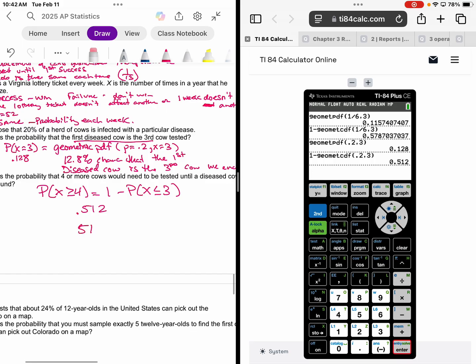So there's a 51.2% chance we won't get our first diseased cow until the fourth or more cow. So there's a 48.8% chance I find the diseased cow in the first 3, but there's a 51% chance that I won't get my first diseased cow until I get to the fourth cow or more. Okay.